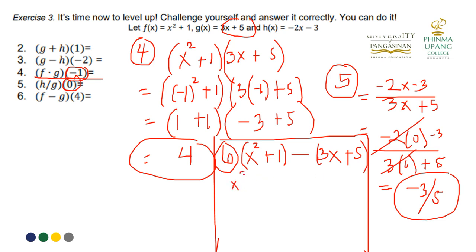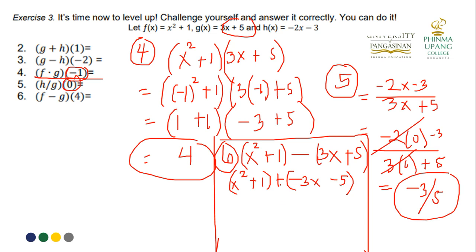So, distribute muna natin. Magiging negative 3x and negative 5. Gets po?